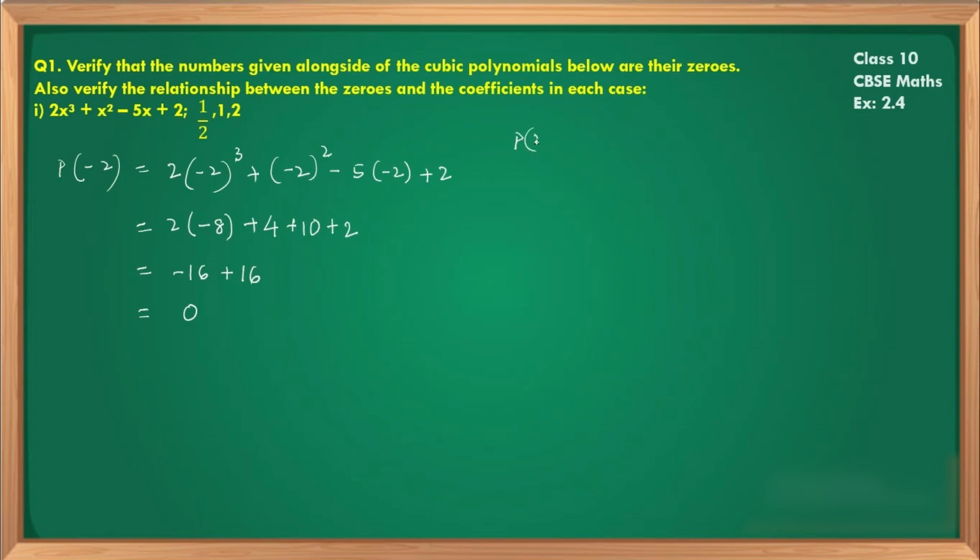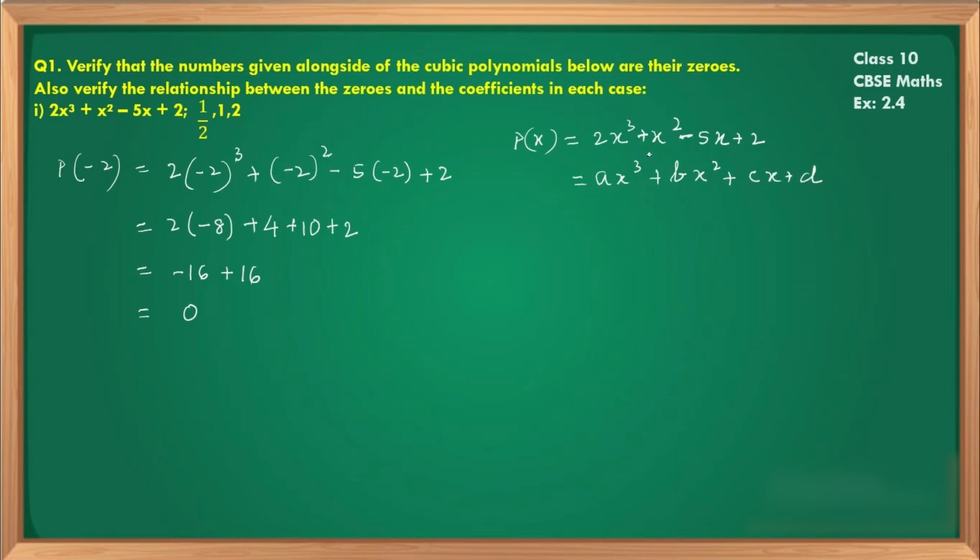The polynomial p of x is equal to 2x cubed plus x squared minus 5x plus 2. The general form of this cubic polynomial is ax cubed plus bx squared plus cx plus d.